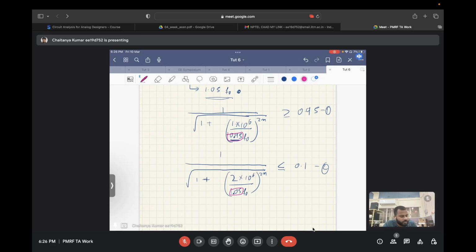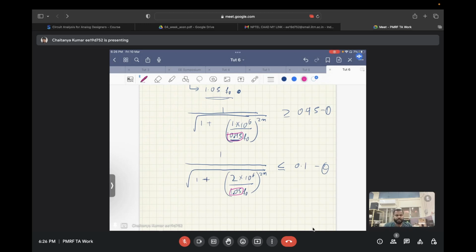These accommodate the worst case variation that the question was providing. The worst case for the first constraint, at the band edge where your gain should be greater than some value, is that your center frequency is decreasing, which means your bandwidth is decreasing.